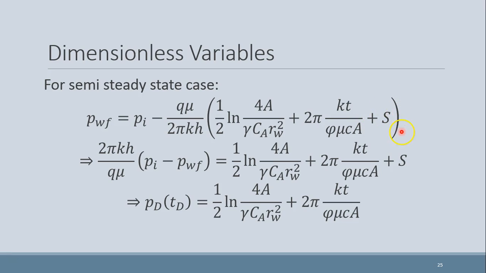So 2 pi kh / mu (Pi - Pwf) = 1/2 ln(4A / (gamma CA rw^2)) + 2 pi kt / (phi mu C A) + S. We have rearranged this equation, and then 2 pi kh / (q mu) (Pi - Pwf), which is PD, equals 1/2 ln(4A / (gamma CA rw^2)) + 2 pi kt / (phi mu C A), and there would be a plus S also here.